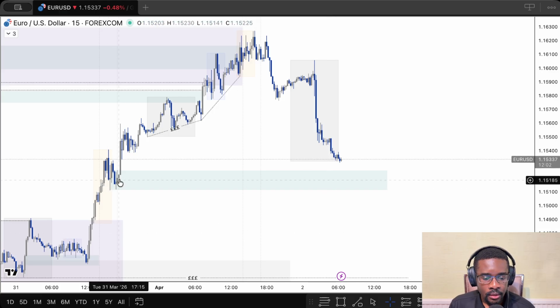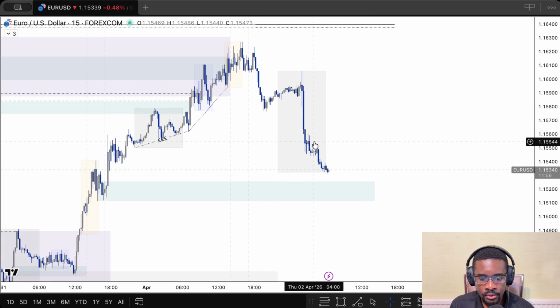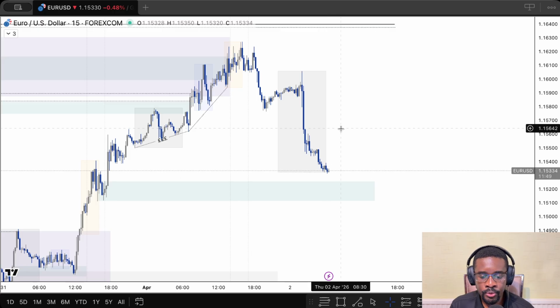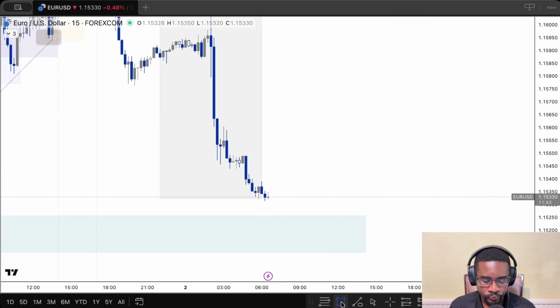Okay, so what do we have? So in this one, I think there's not much really. Asia just tanked. I don't think it's gonna do a massive pullback. So if it's not going to do a massive pullback, so this could be an area of interest.